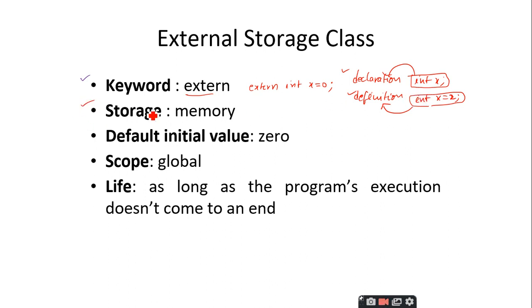And coming to the storage, the external variables are stored inside the memory. And coming to the default value, it is 0. So that x variable will be stored in the primary memory and it has a default value of 0.